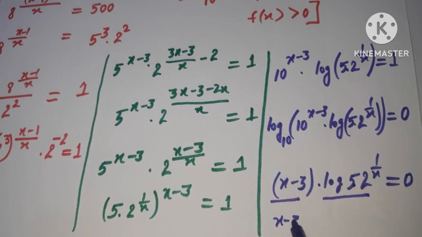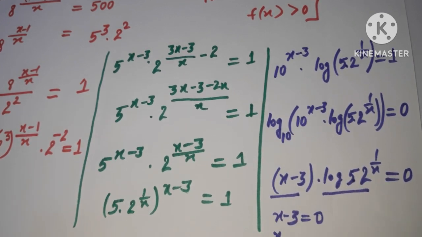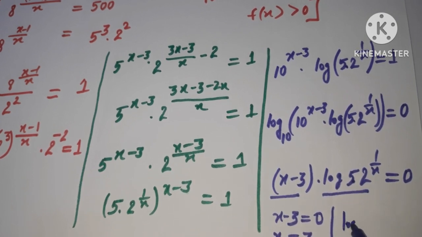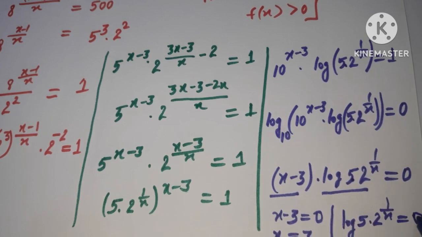If I write x minus 3 equal to 0, it gives x equal to 3. And here log of (5 times 2 to the power 1 upon x) could be equal to 0.